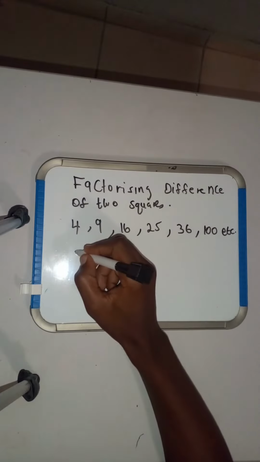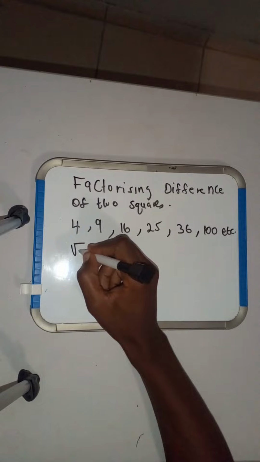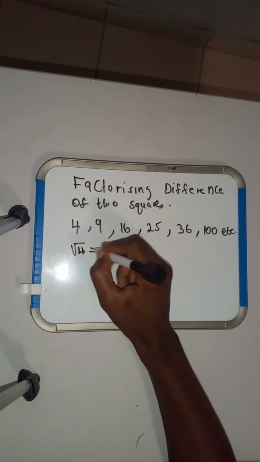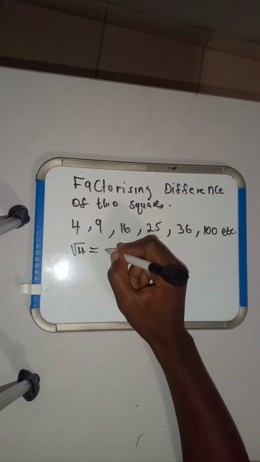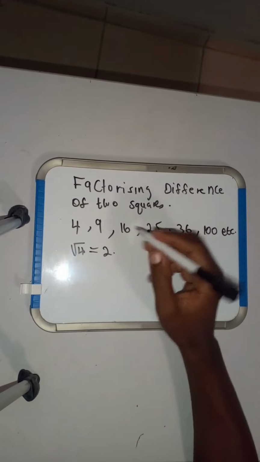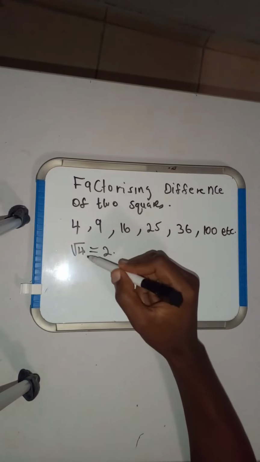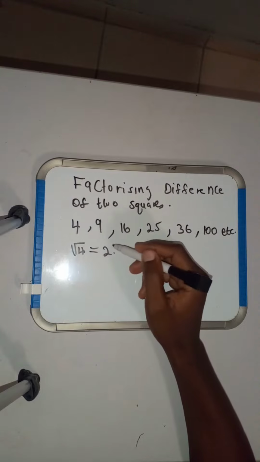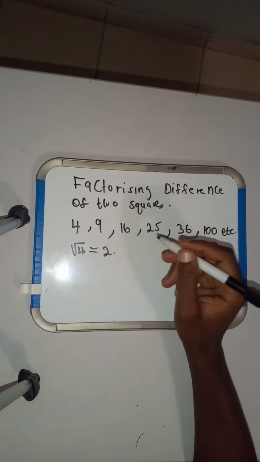Because if we put them under a square root, we get a whole number. As you can see, the square root of 4 is equal to 2.